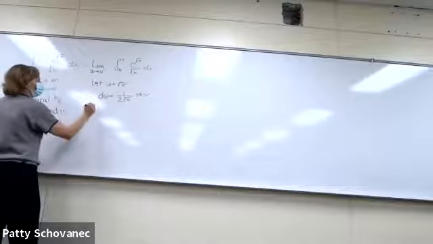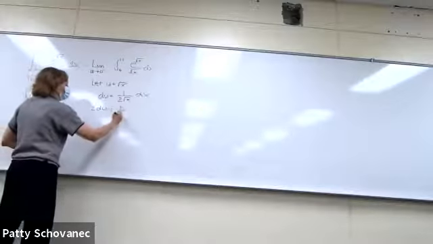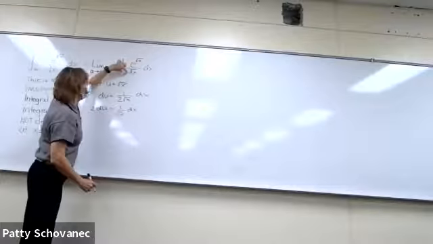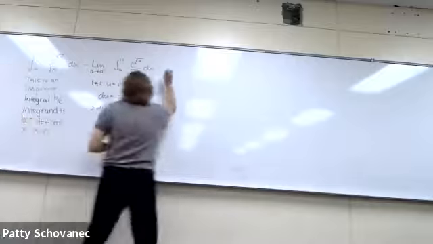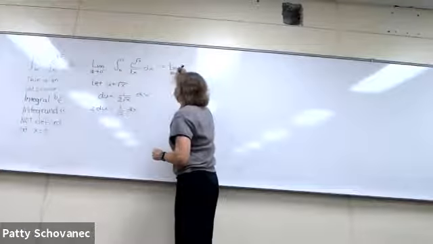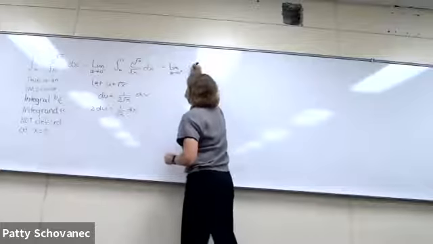So I can put this 2 up here with the du. So there's a u. The 1 over the square root of x dx is the 2 du. Here's the 2 from the du.